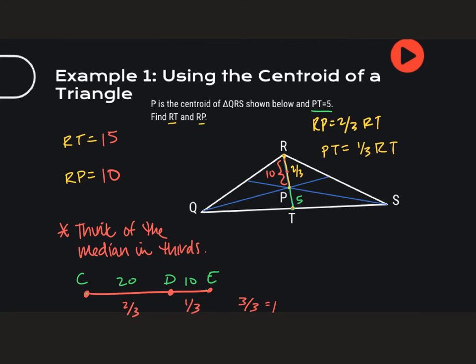And then all we would need to do to find the entire thing would be to add the 2/3 portion to the 1/3 portion, which would be a total of 30. So it really helps to think of these medians as being in thirds, in sections of 3s.